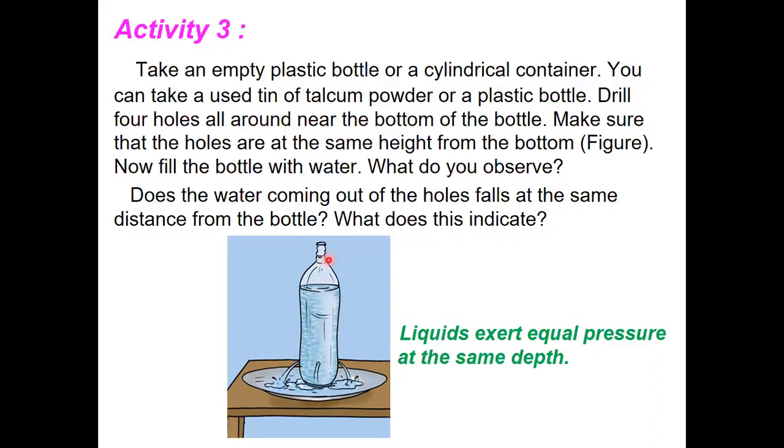Now what do you observe, children? As you pour the water in the plastic bottle, the water passes through the holes. Does the water coming out of the holes fall at the same distance from the bottle? Yes, children.